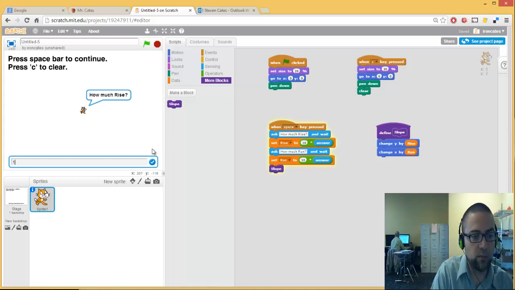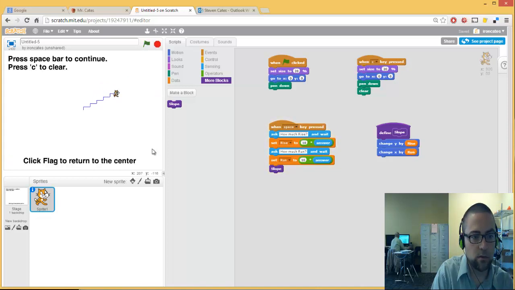Let's do up 1 over 2. So how much run? And you see he did that. So let's do it a couple times. Okay. And then I can hit the flag and make them both back. So you can see he's rising by 1, running by 2 a bunch of times.